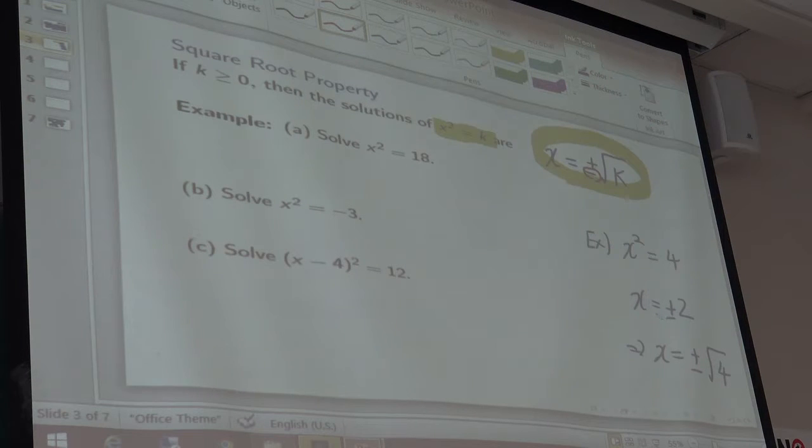Because when I solve this, we know that x is equal to plus minus 2, right? But in a general case, it doesn't need to be a perfect square. It can be any number, like x squared equals 5, or x squared equals 6. Then we write down the solution in a more general way. So I want to show that the 2 is the same as radical 4. If it was on my test and I wrote plus or minus 2, yes, you have to write it as plus minus, obviously.